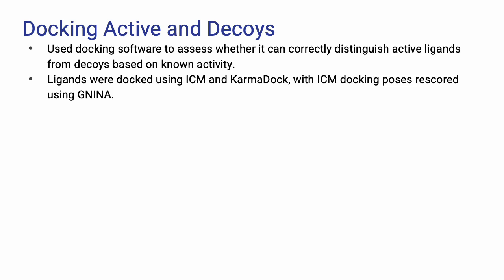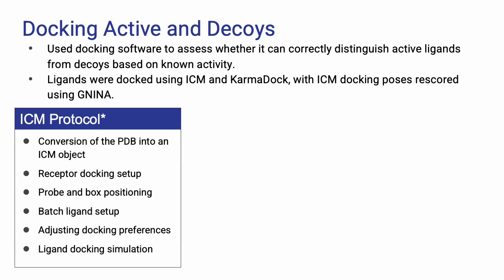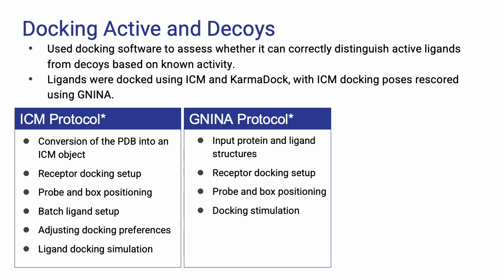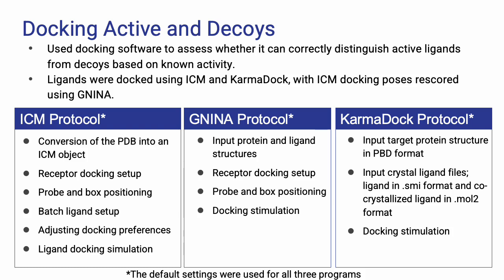For ICM, the process involved converting the PDB file into an ICM object, setting up the receptor for docking, positioning the probe and box, preparing the batch of ligands, selecting docking preferences, and running the docking simulation. For NINA, the workflow included inputting protein and ligand structures, setting up the receptor, defining the probe and box, and executing the docking simulation.